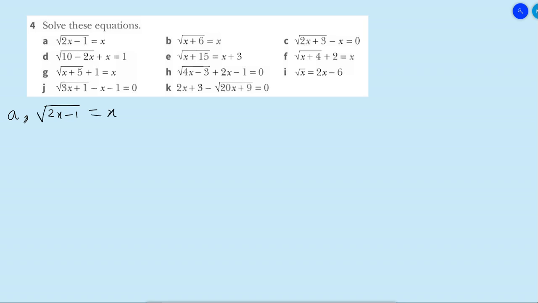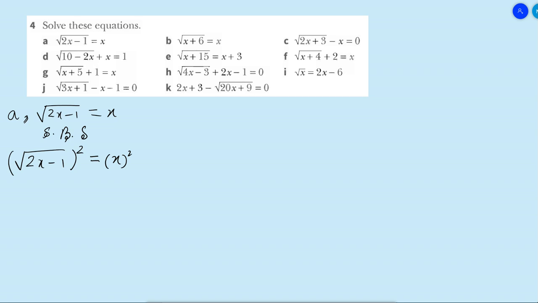Solve means to find the value of x, but we should take the square on both sides, because without eliminating the square root we cannot solve the equation. So how to eliminate the square root?